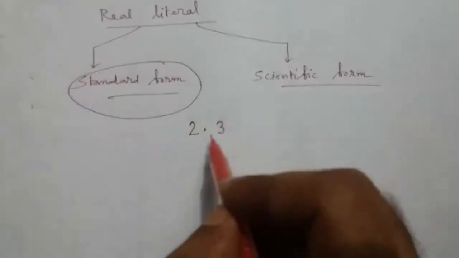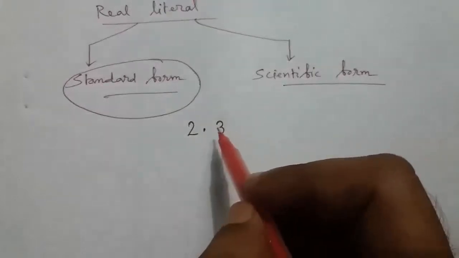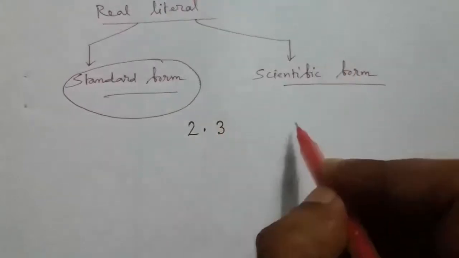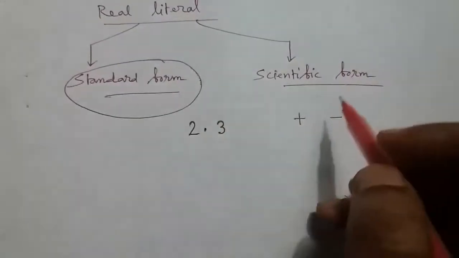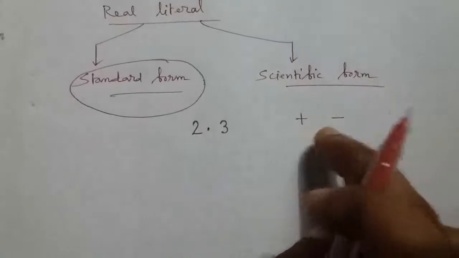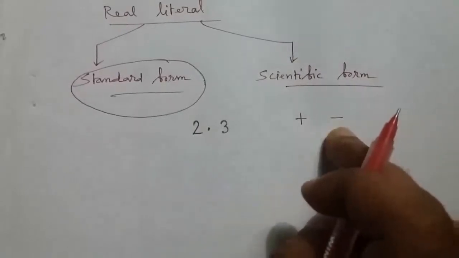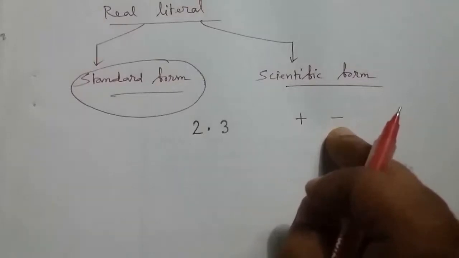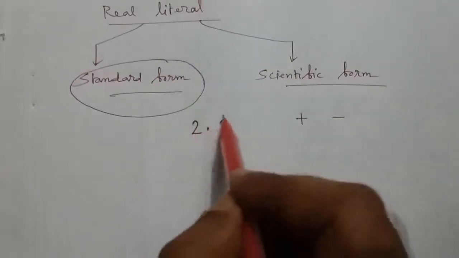A real literal in standard form may also have a plus or minus sign preceding it. A plus sign can precede it, and a minus sign can also precede it.